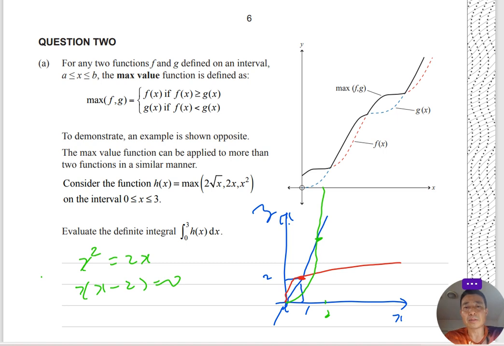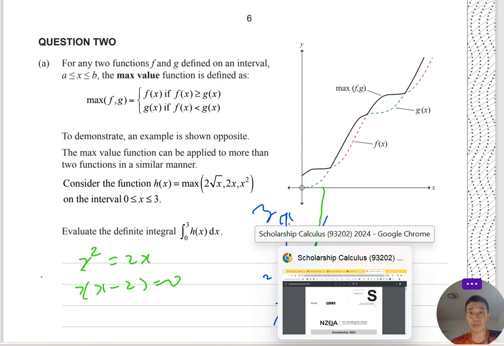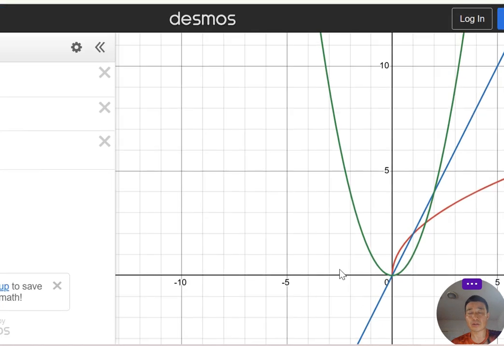So we have the intervals 0 to 1, 1 to 2, and 2 to 3. So you have to separate this integral into 3 parts and find each answer, and you add them up, right? So I think I drew this earlier in decimals. I think it's easier to see that.